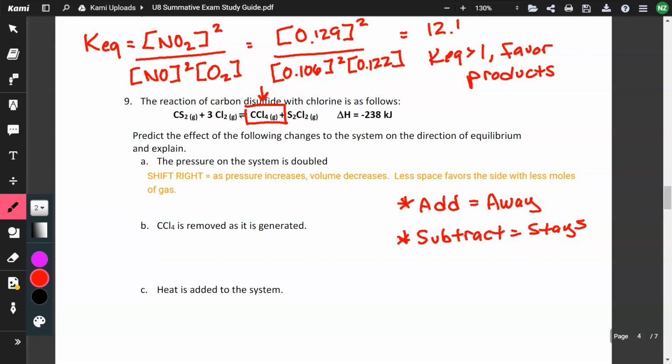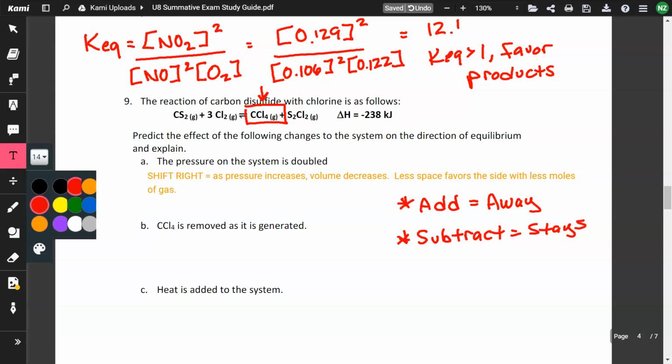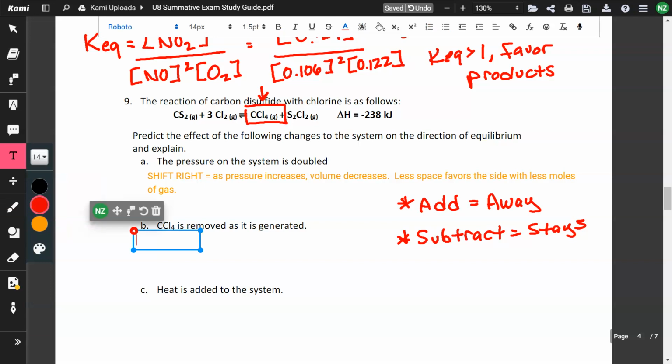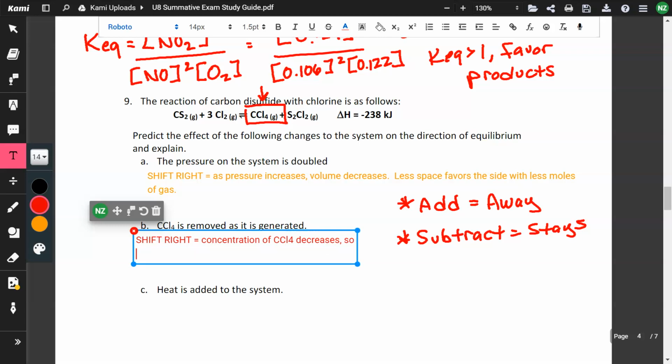So CCl4, we're subtracting from the concentration. It stays on the same side as what we're subtracting, which is the right side, so it's going to shift right. Concentration of CCl4 decreases, so equilibrium shifts right to produce more CCl4.